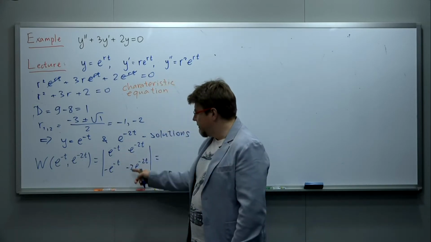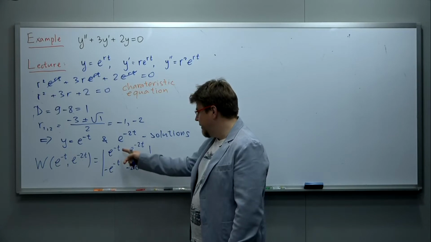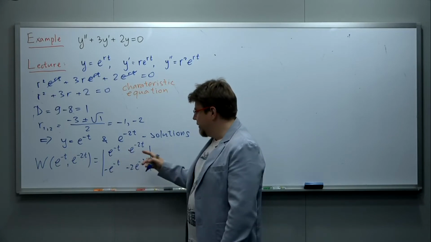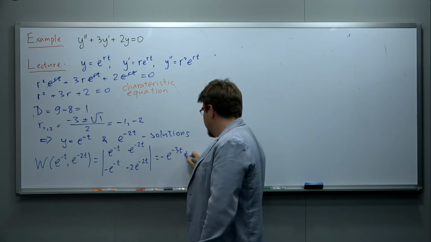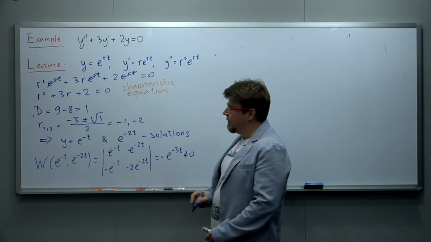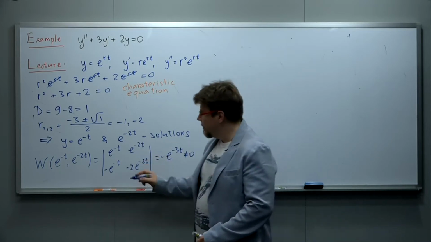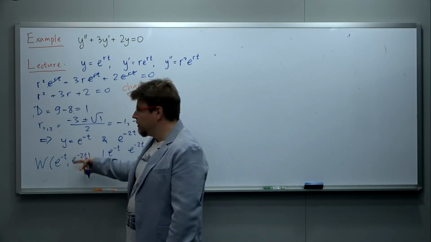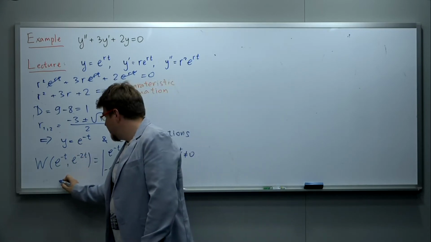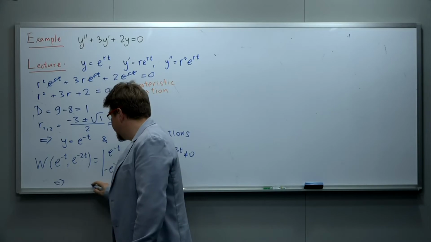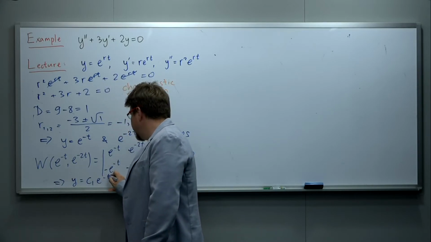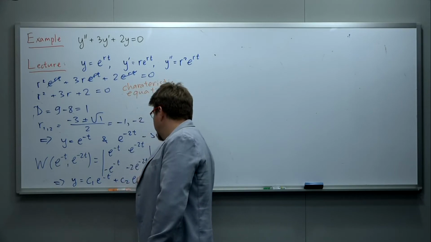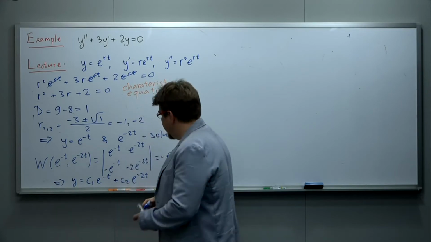Now, this times this is minus 2 times e to the minus 3t, plus e to the minus 3t. So it is minus e to the minus 3t, which is non-zero. Hence, they are linearly independent. And therefore, the final answer is a linear combination of these. So the answer is that y equals c1 e to the minus t plus c2 e to the minus 2t.